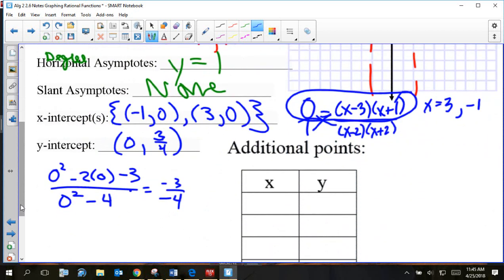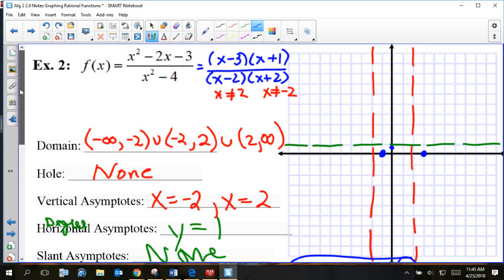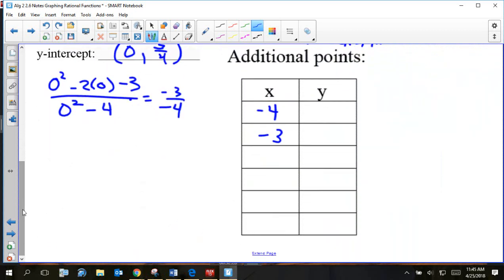Sure, try those. You do them. When you go to plug them in, it doesn't matter if you plug them into the original or the factored. I like to plug them in the factored one. I don't know why, but I do. I just can't see them both at the same time. Actually, I can because I know it's somewhere.